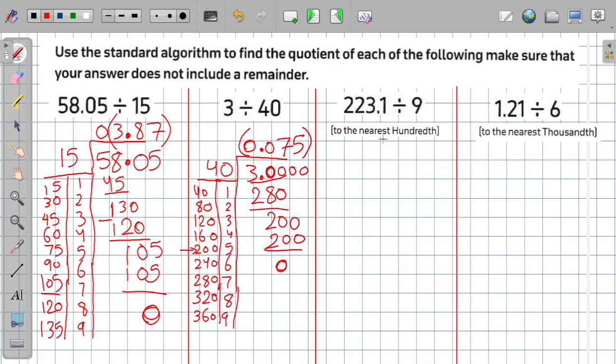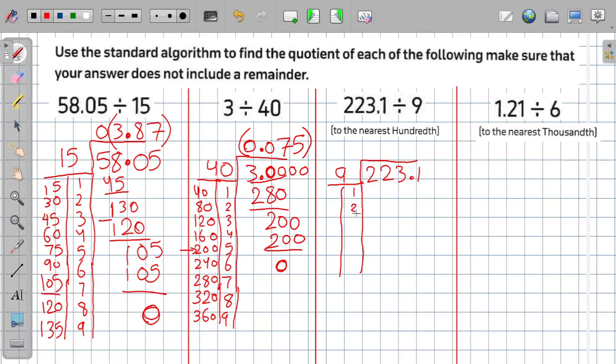Next, I have 223.1 divided by 9. And he told me to round the answer to the nearest hundredth. So I think this division is infinite division. So let's try to get the answer. So I have 223.1 divided by 9. So let's try to make the timetable of 9 to help us in the division operation.